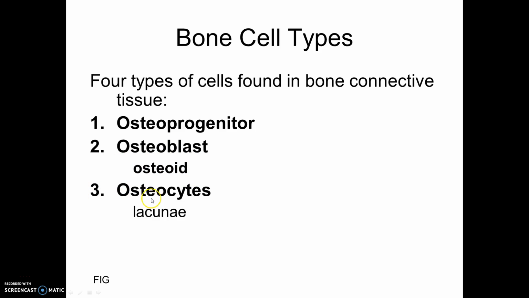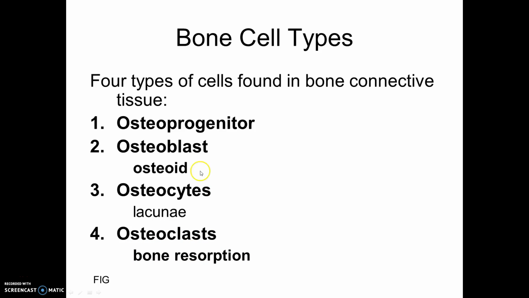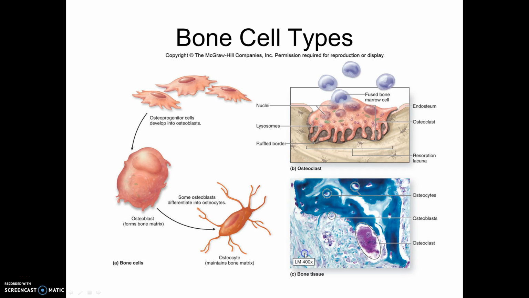And then osteocytes is another type of cell that's not in the periosteum or the endosteum, but is rather found in compact bone or in the interior of spongy bone plates. We'll talk a little more detail there. And then osteoclasts, which are also in the periosteum and endosteum, and are responsible for bone resorption. So osteoblasts are going to be our bone building cells, and osteoclasts are our bone resorbing cells. So we'll expand on that a little bit here.